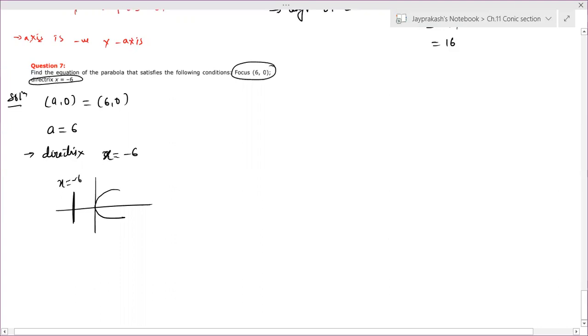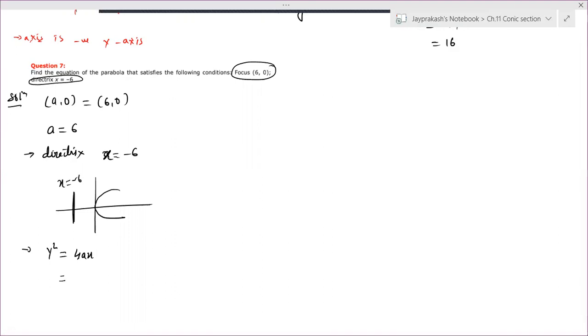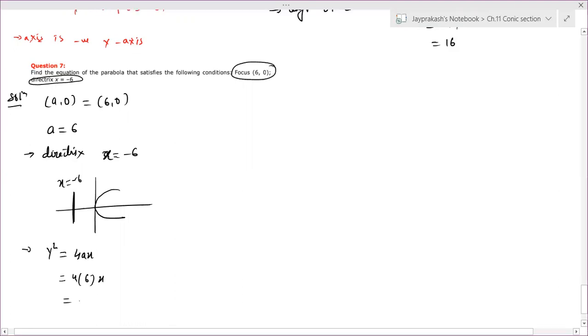So its axis will be positive. In the positive axis we have to write y square is equals to 4ax, so we will write y square is equals to 4 into 6 into x. So it is y square is equals to 24x.